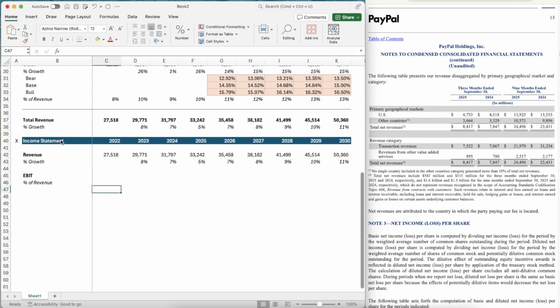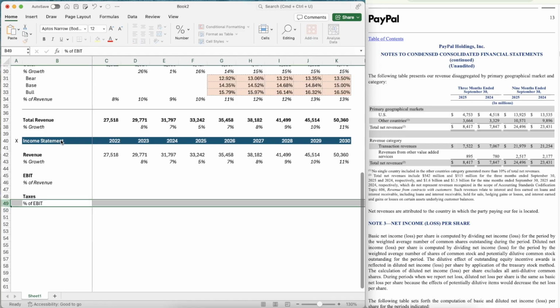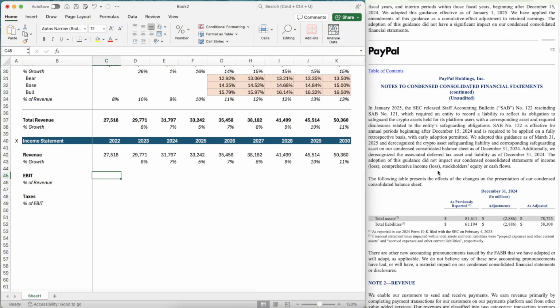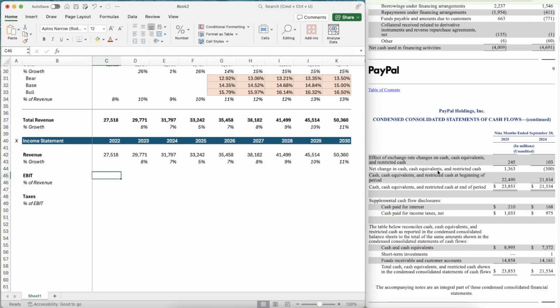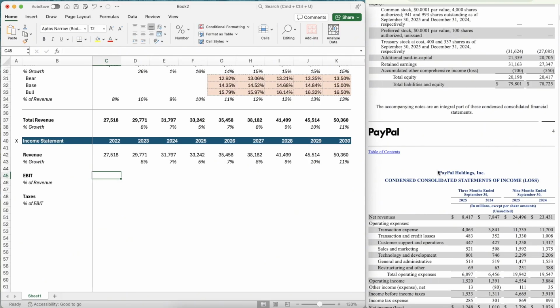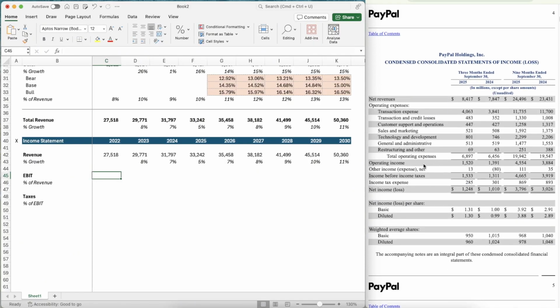So below that, we want taxes, percentage of EBIT. Okay, so what do we want to do? Operating income down here.